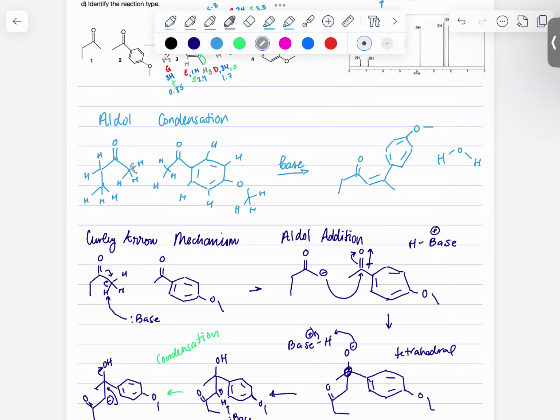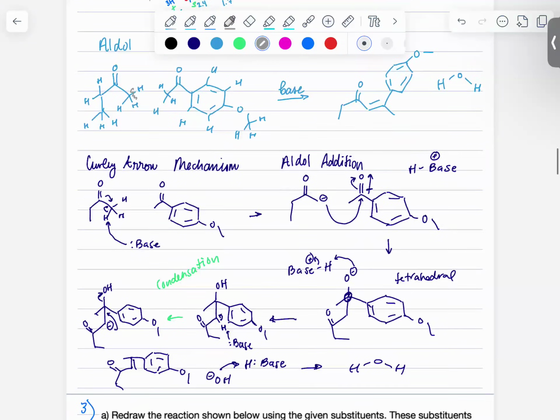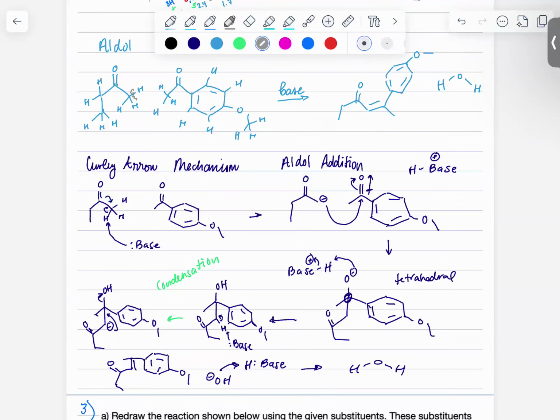So back to disconnection analysis. We definitely have to take that proton off. What else will we?